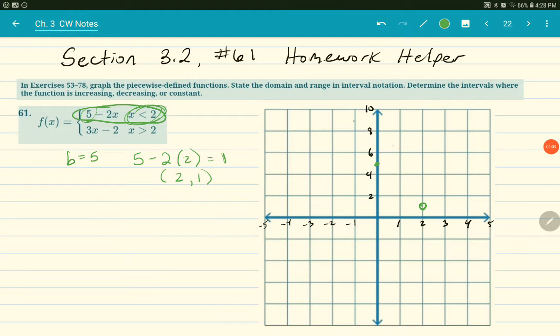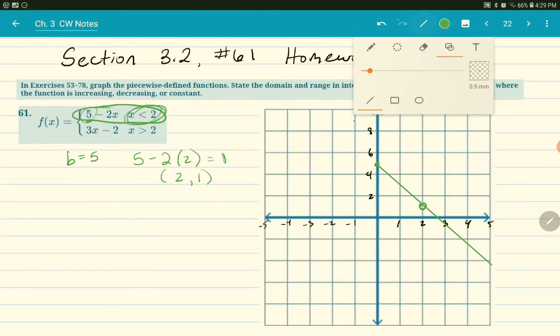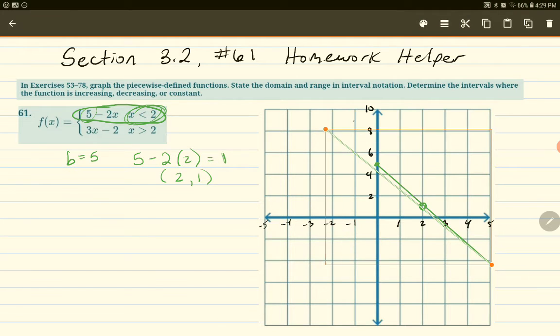So I know these two points are on this line, the 2, 1 and the 0, 5. So if I were to draw this whole line, I could connect these 2 points with a straight line and just go in both directions. And that's the whole line.